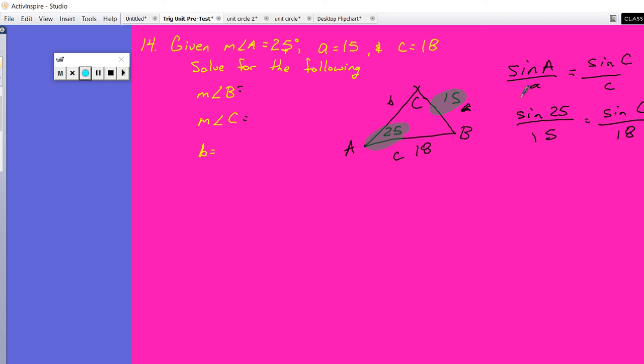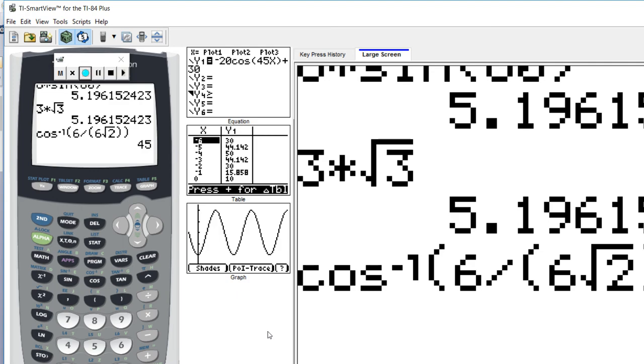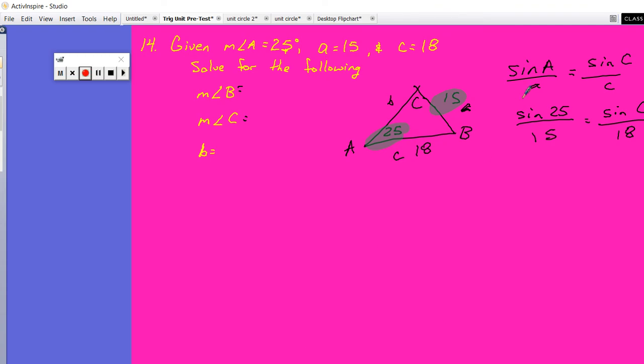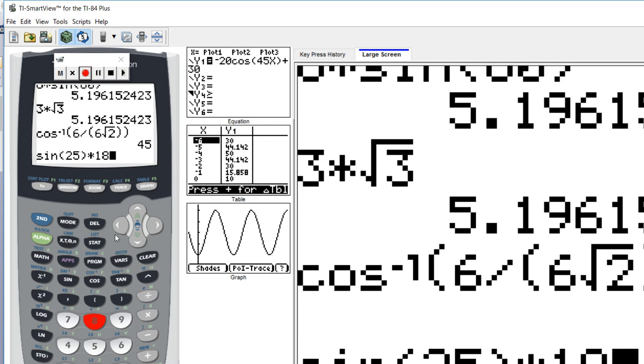So now to get rid of a divide by 18, I times by 18. I'm going to go sine of 25, times it by 18, and then divide it by the 15.